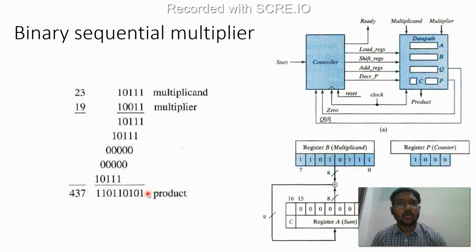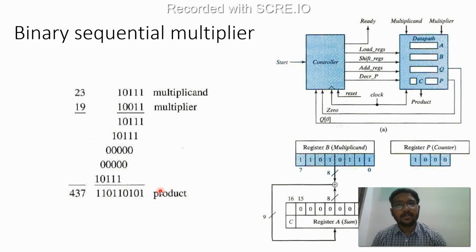The main motto of this is how you design a data path as well as the controller that controls a sequence of operations for you to get the final product. Before designing the data path and the controller, as well as writing your own hardware algorithm, it is important to know the functionality.